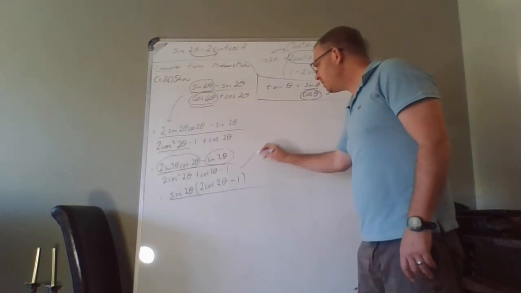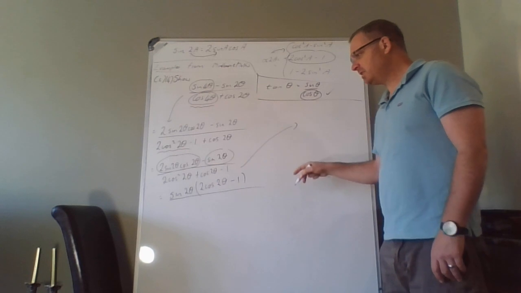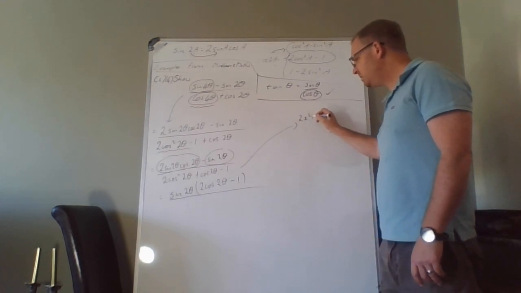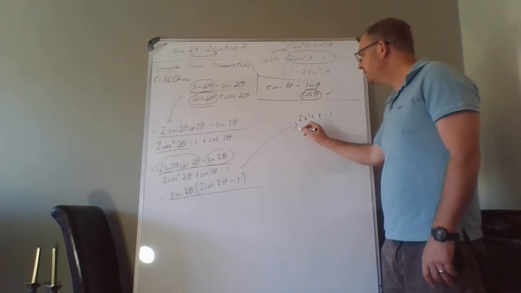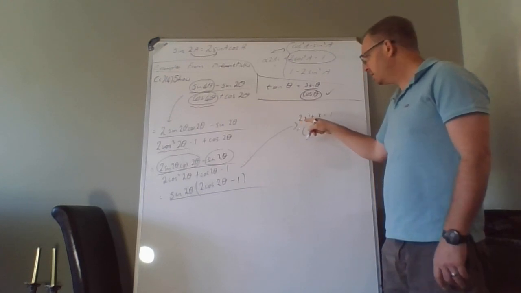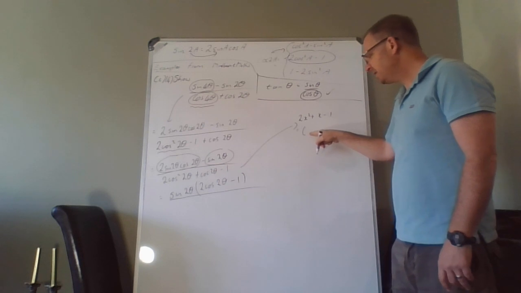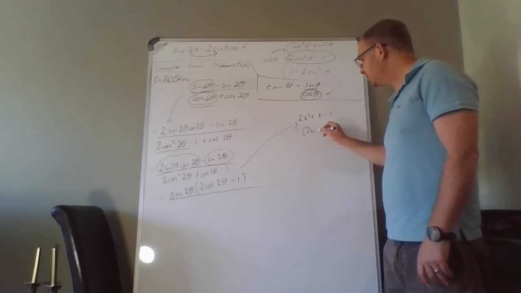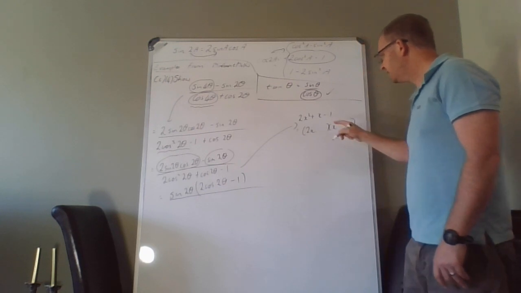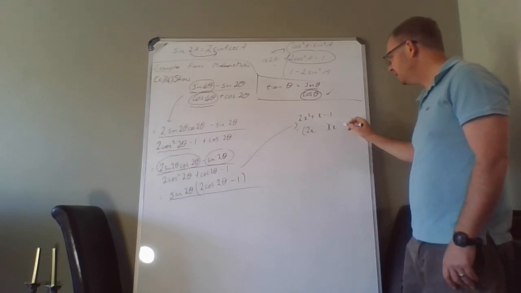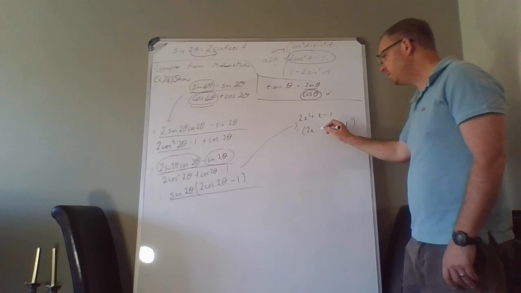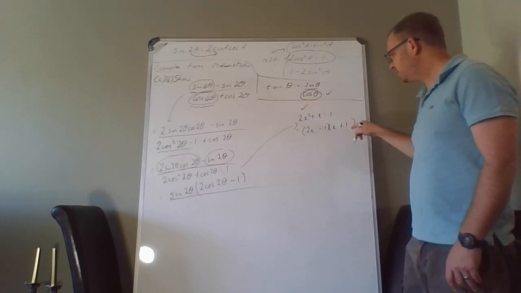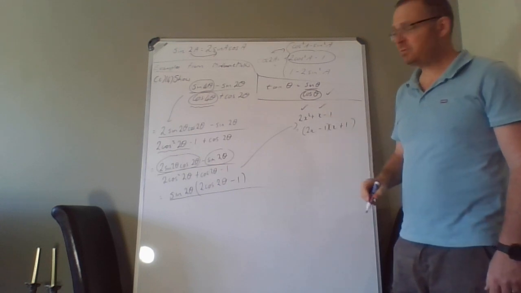In the denominator, a lot of people struggle with that kind of factorizing. So it might help you just to go to the side of your page and say, well, if I had 2x squared plus x minus 1, there's a trinomial. I'll just replace cos with x. That would factorize to 2x, x, to end up with plus 1 in the middle. This is going to have to be plus 1, that's going to have to be minus 1. 2x squared plus 2x minus x is plus x minus 1, right?